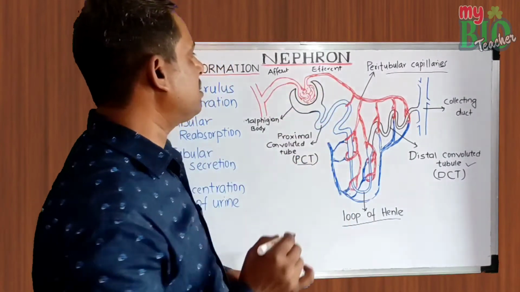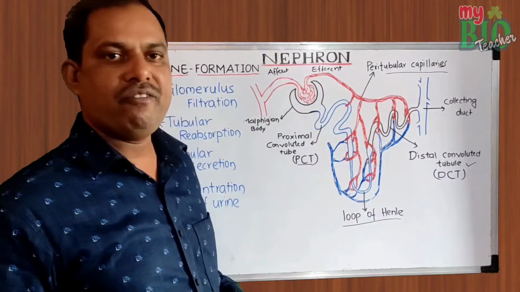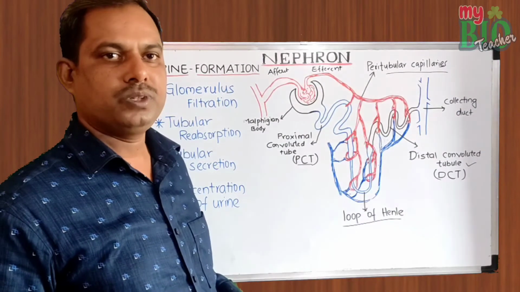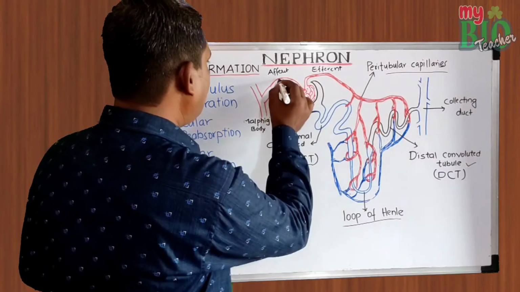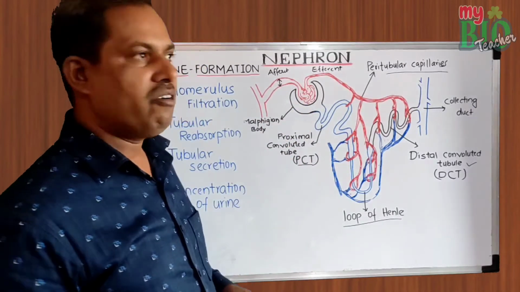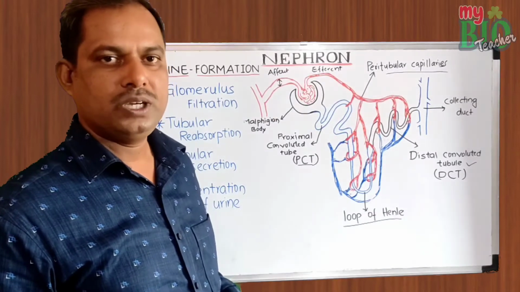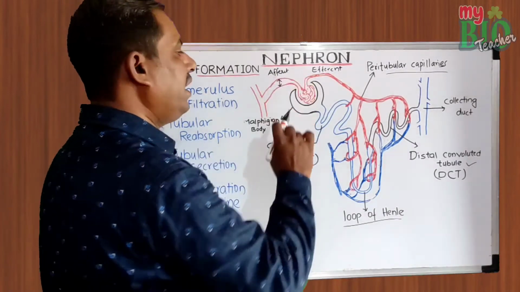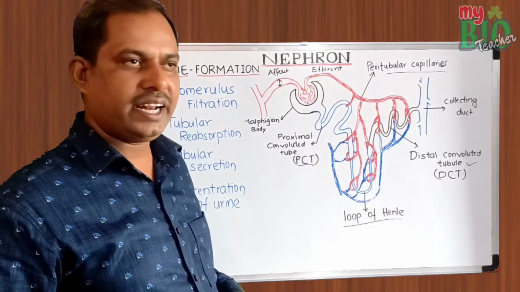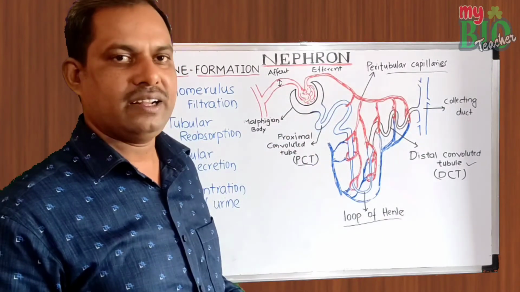Now let us observe the differences between afferent arteriole and efferent arteriole. The width of the afferent arteriole is wider than the efferent arteriole. That means afferent arteriole is wider and efferent arteriole is thinner.